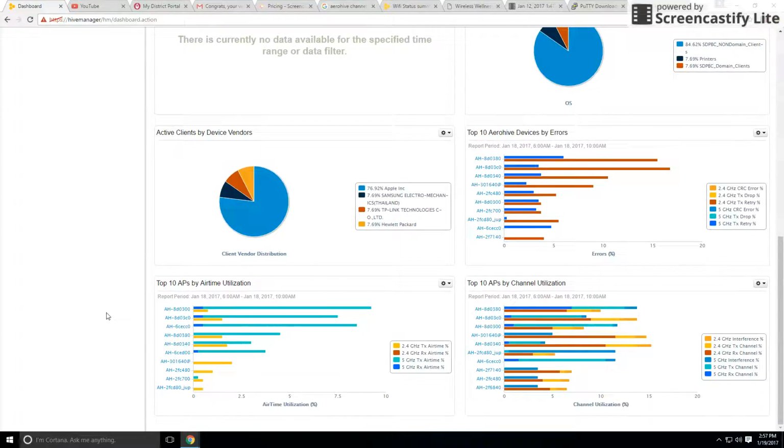So we can see that we have a number of access points which have 8D03 as the first part of the access point name. They're all part of the initial set of 4 that were deployed. And we can see that we're seeing a lot of airtime utilization on them.